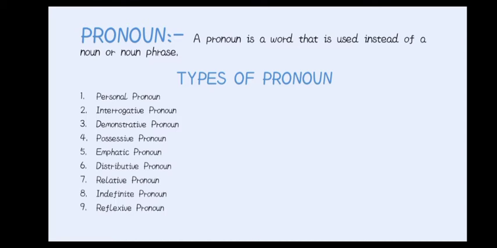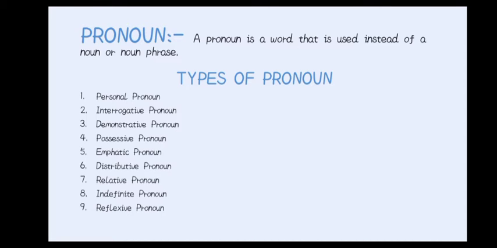There are basically 3 parties involved in the personal pronoun: the speaker, that means who is speaking; the person spoken to, the one who is listening; and the people spoken about, that means whom we are talking about. For example, I and Diya were conversing about Sia.